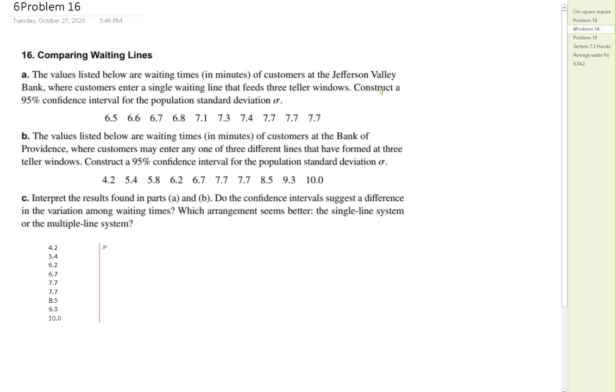Construct a 95% confidence interval for the population standard deviation. And then you have the same kind of problem for the customers of the Bank of Providence, where they enter any of 3 lines that feed 3 teller windows.